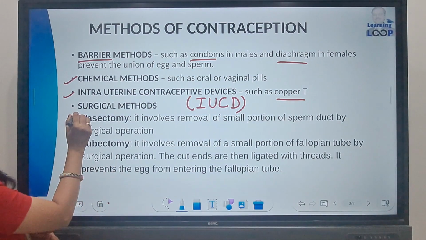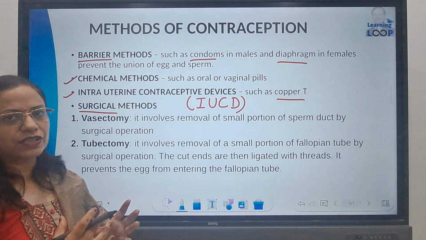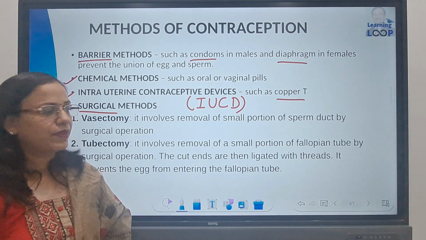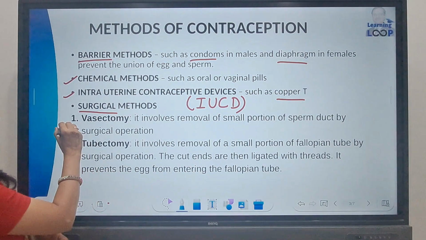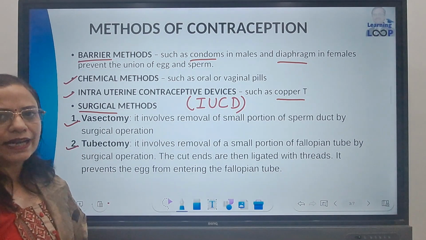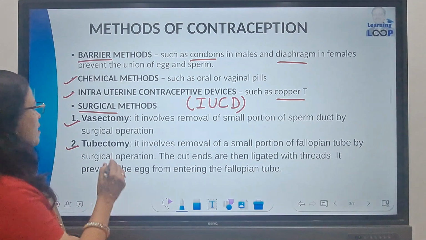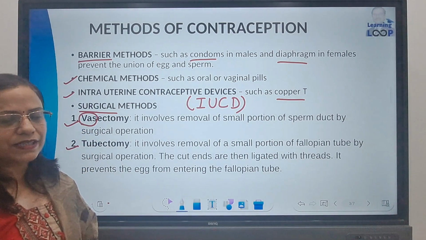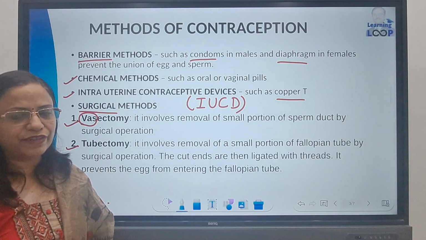The next method is known as the surgical method. Surgical means it involves a small surgery which is not at all risky. It can be of two types, vasectomy, which is done in males, and tubectomy, which is carried out in females. We have already learned about the structure of the human male reproductive system, and you already know what the vas deferens is.